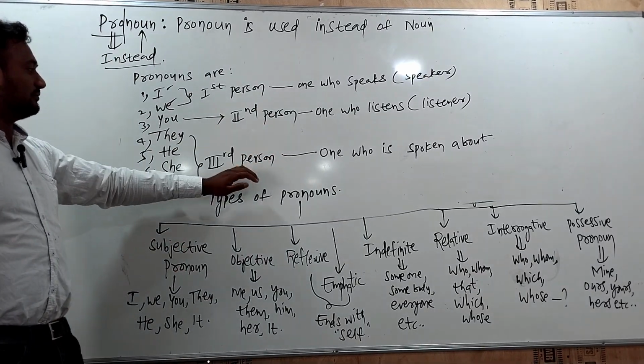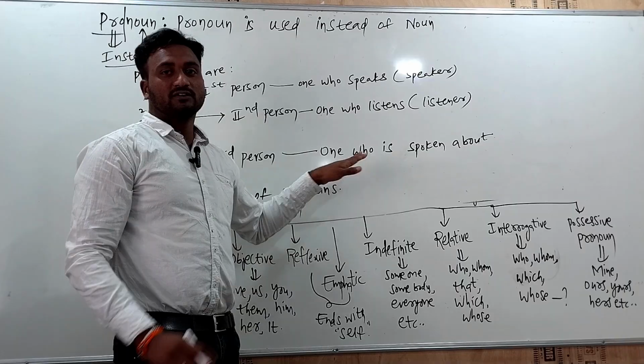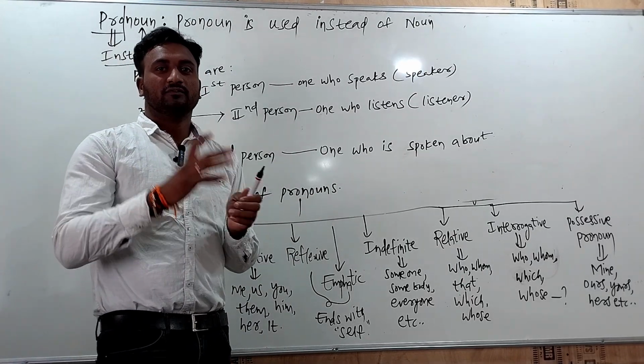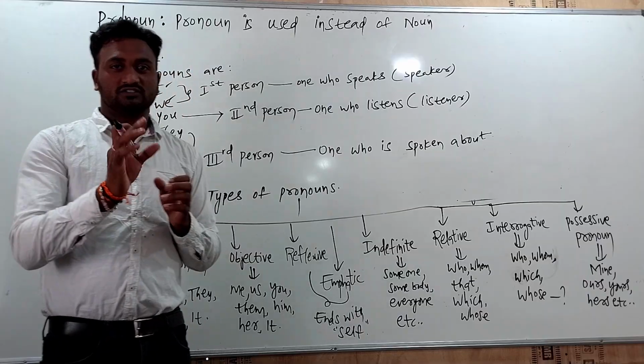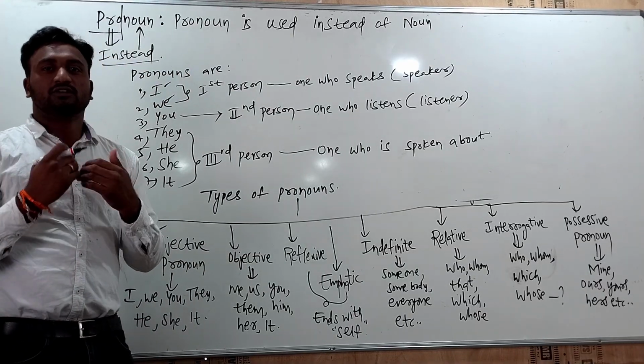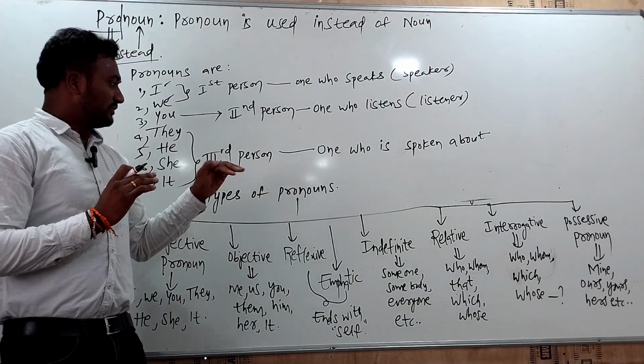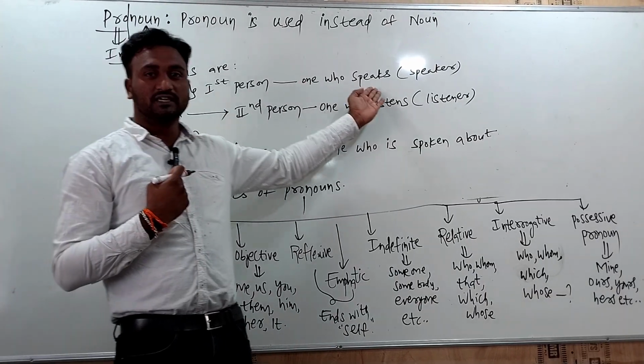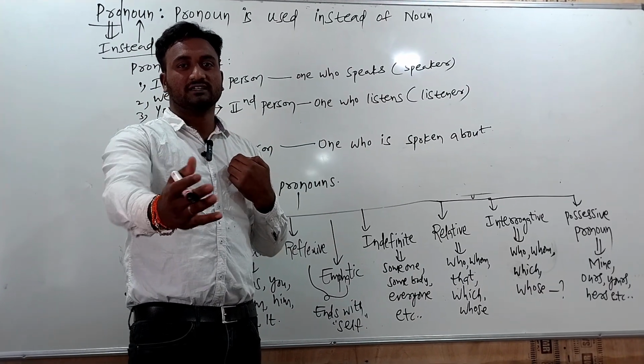Understood? In the same way, what is meant by third person? For example, I came to you through virtual presence. Imagine that we both are having a conversation. I am the first person because I am speaking. You are the second person because you are listening.